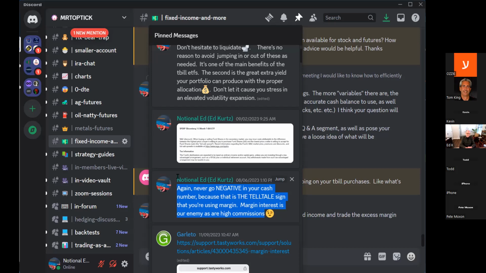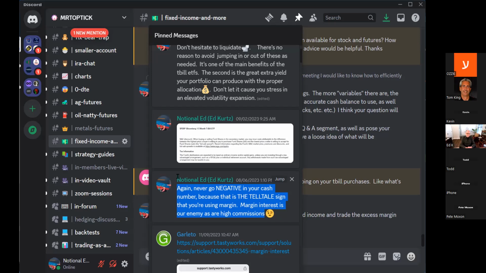So you have to check two different things when you're trading futures and trading, whether it's T-bills or BIL or ETFs. If you're trading futures, not only are you looking at your buying power, but you have to look at your cash balance as well. Exactly. Because even though your buying power could be at 90, your cash balance might be at 0. That is exactly right. So that's why you have to look at both.